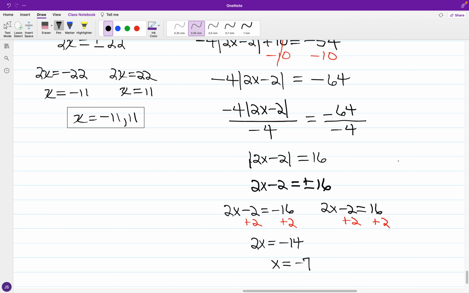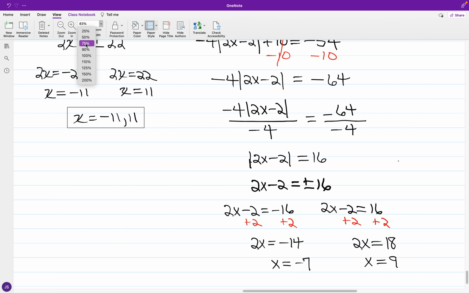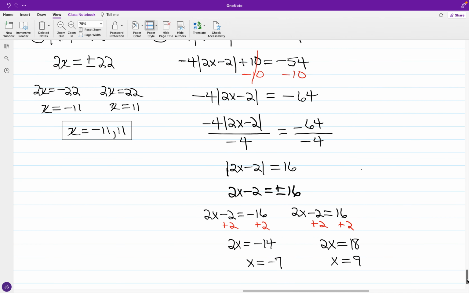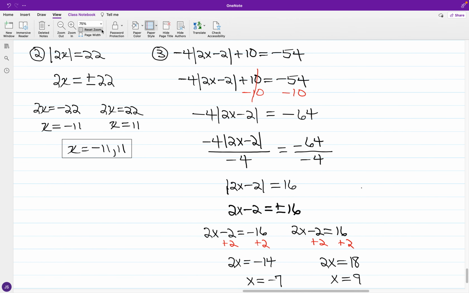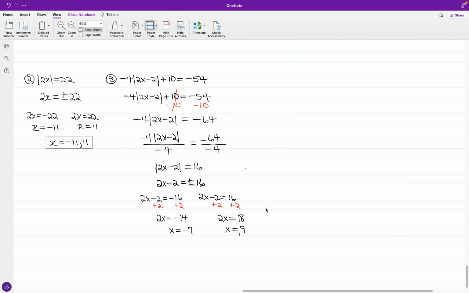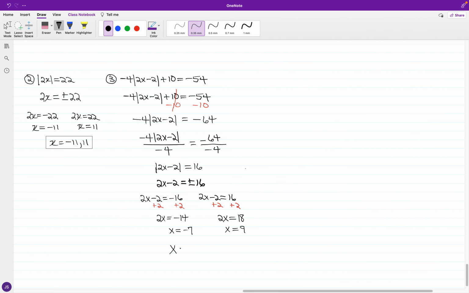As for 2x minus 2 equal to 16, adding 2, we have that 2x is equal to 18, and dividing by 2 comes out to x is equal to 9. And so we have a couple of solutions in this absolute value equation: on the minus side x is equal to negative 7, and on the plus side x is equal to 9.